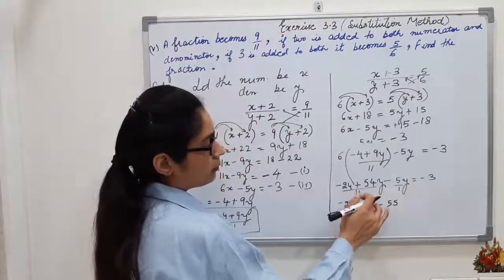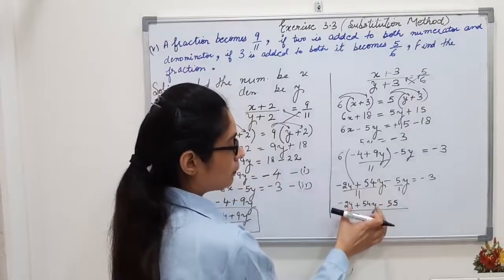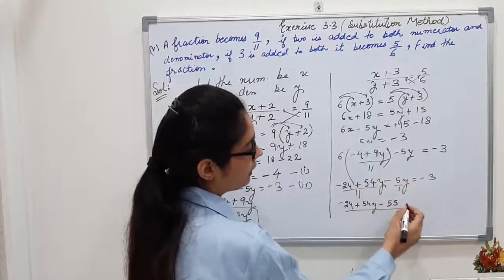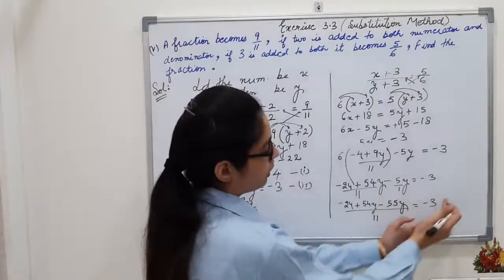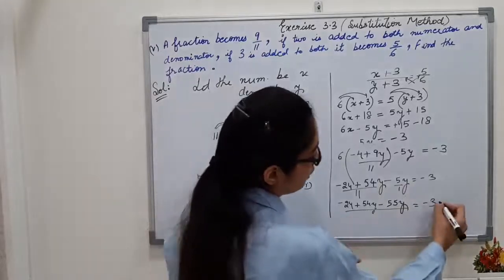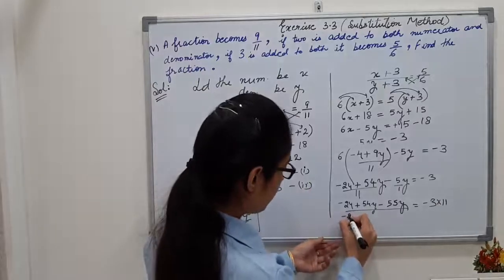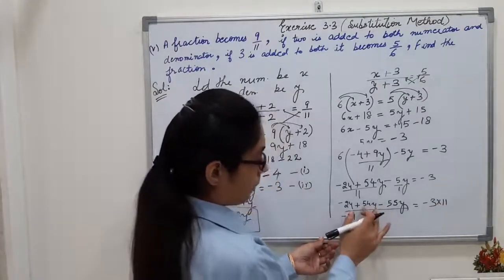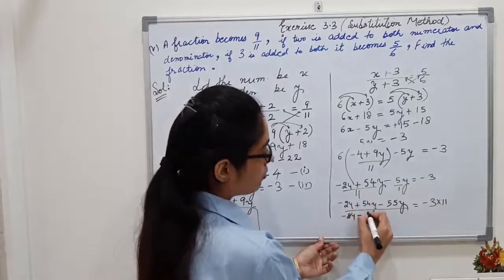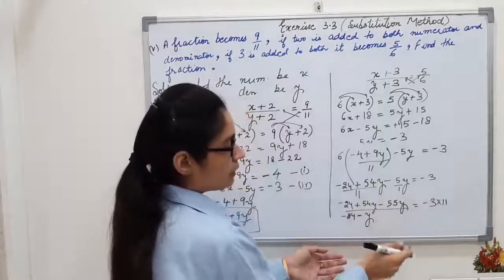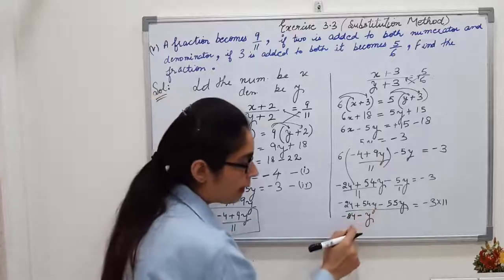Here it's 1, so the LCM of 1 and 11 will be 11. So this side will multiply with 1, same thing, this 5 we have to multiply with 11. So I got this. This 11 I will just shift to the other side; it's getting divided here, so here it will get multiplied. So I got minus 24 plus 54y minus 55y. Plus minus is minus, with the sign of the bigger number. The bigger number is 55 and with 55 we have a minus sign. 55 minus 54 is minus 1.